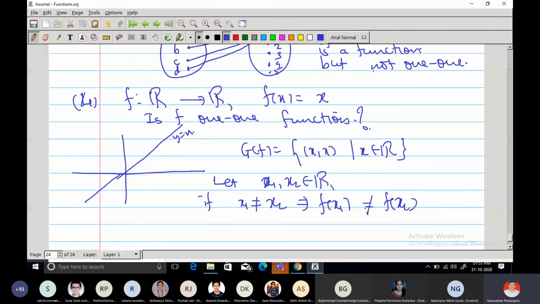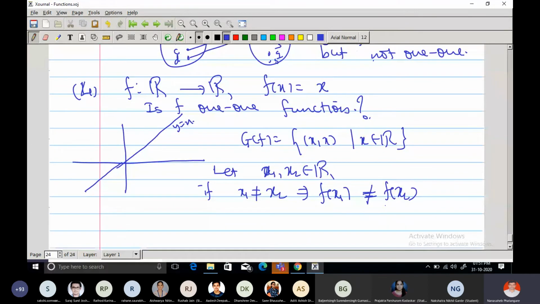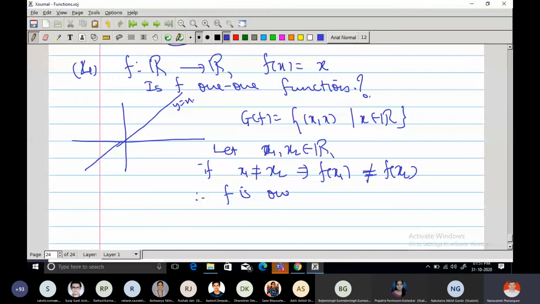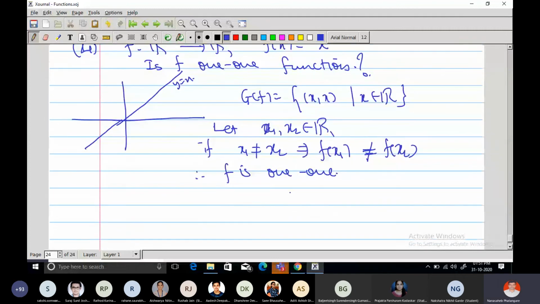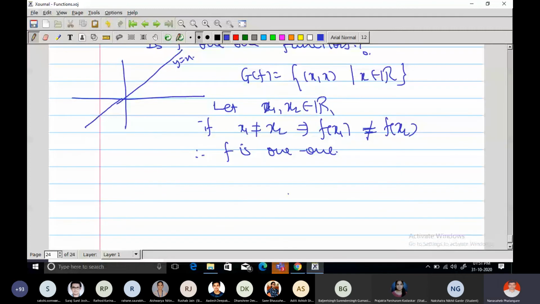Since x1 is not equal to x2, their images are also unequal. Therefore f is one-one because the images are unequal. If elements are unequal, their images are unequal. That means distinct elements go to distinct elements.